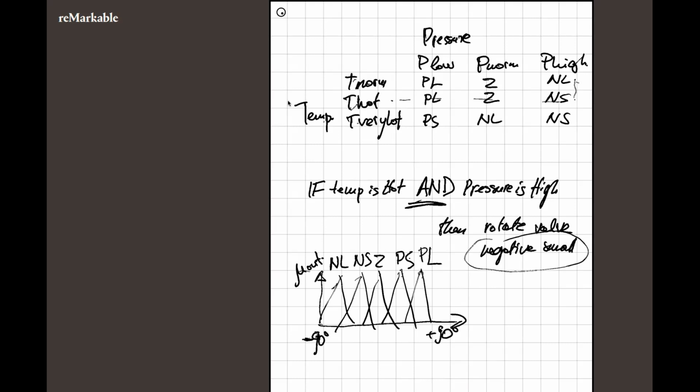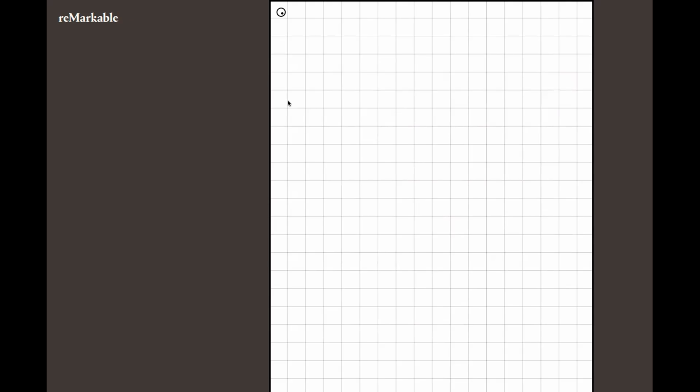And the task is to first convert the crisp input into fuzzy value, do inference, and then at the end come up with the crisp output value that is used for control. And that's what we did last time.